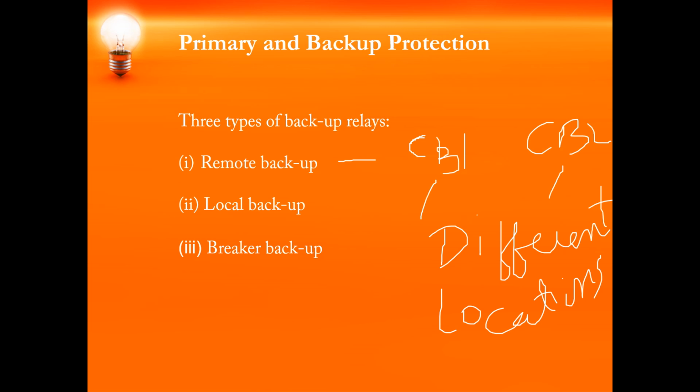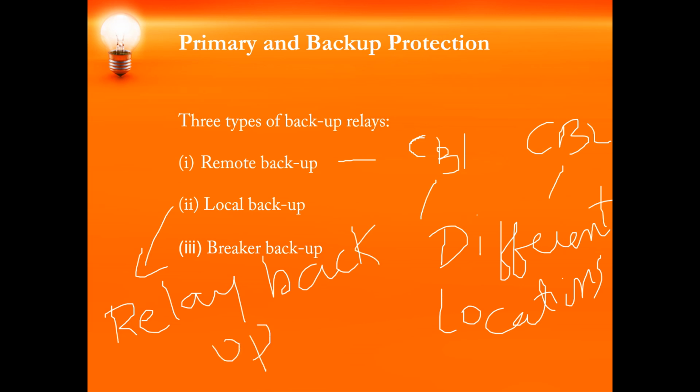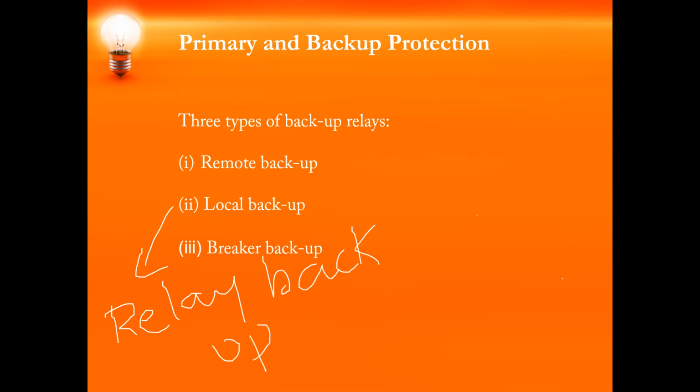Whereas local backup is also known as relay backup. Here, for one equipment, you will have only one circuit breaker protecting it. But for the same circuit breaker, you will have two relays, relay 1 and relay 2.